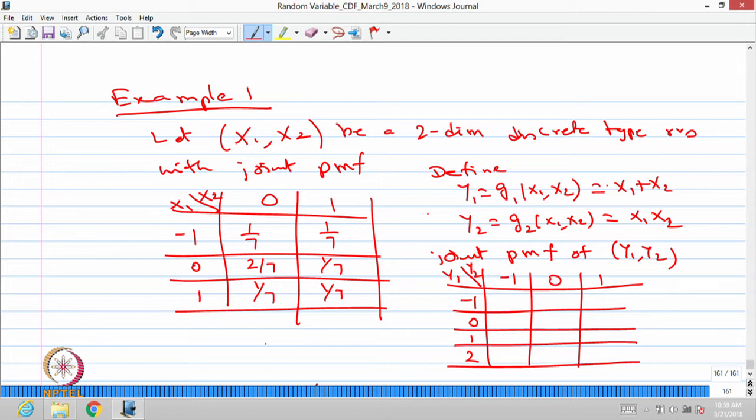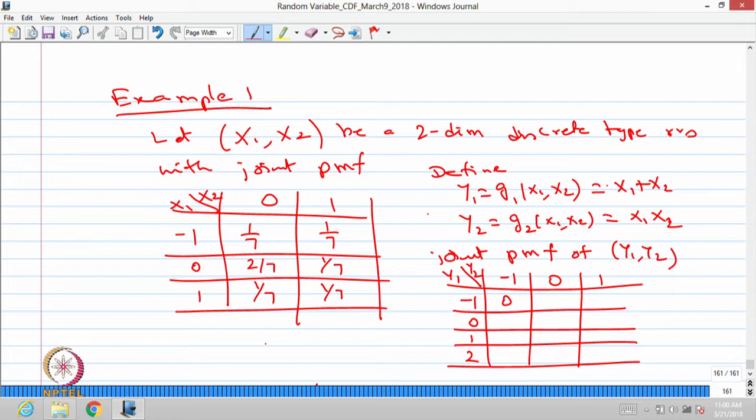Suppose y1 takes a value minus 1 and y2 takes a value minus 1. What are all the possibilities for x1, x2 so that y1 is minus 1 and y2 is minus 1? There is no way you will get this possibility. Therefore, the probability of the empty set is 0.